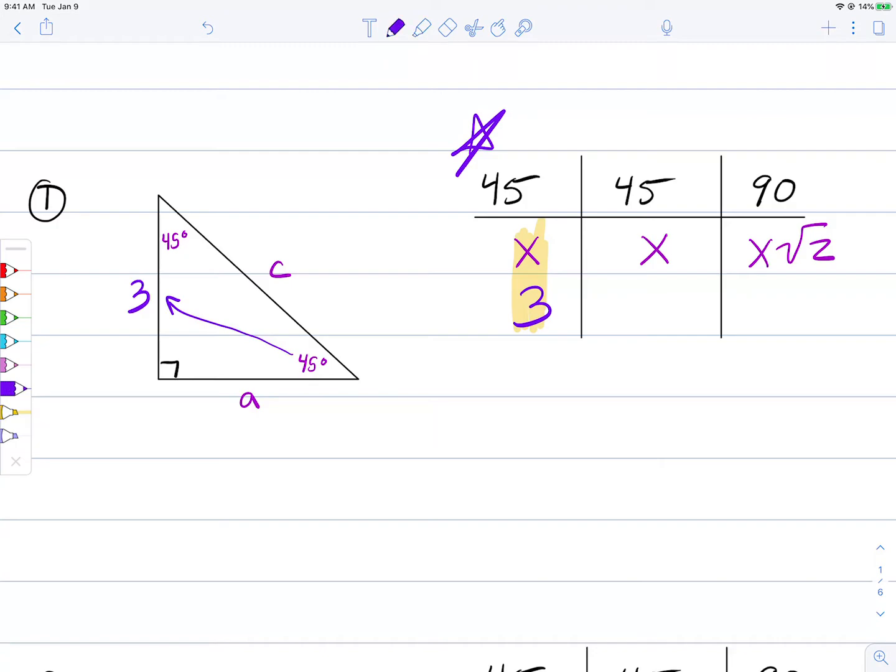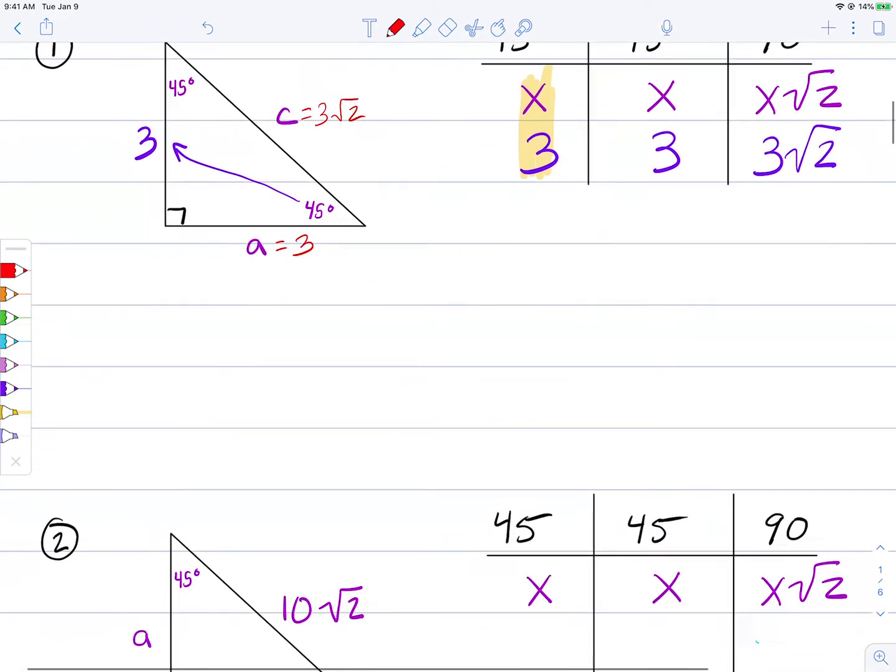So my other side length is also a 3, and across from the 90 is 3 square root of 2. Again, we could figure out the decimal equivalent of 3 times the square root of 2, but we're not going to. We're going to leave it as a square root. It keeps it as a nice contained answer. So I could label this side as 3, and this side as 3 root 2. On this problem, the special number we were looking for was a 3.